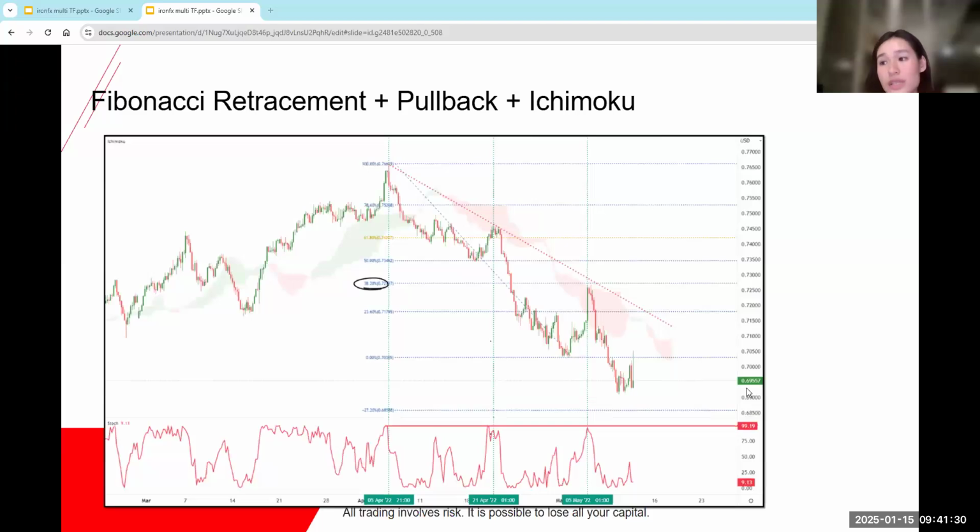Okay, now pulling in another indicator, we have a stochastic, and I briefly mentioned this earlier about divergence. Here we are using kind of the same concept as divergence, but it's called a hidden resistance. We have three swing highs on our stochastic that line up nicely, but on our price chart, if you compare, it's just a descending trend line.